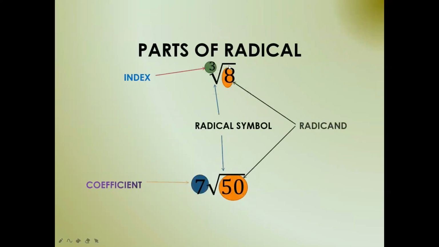Let us identify the parts of a radical. We start with the index. This is usually located at the upper right corner of the radical symbol. Si radical symbol, yan yung block na to. So this is what we call the radical symbol.